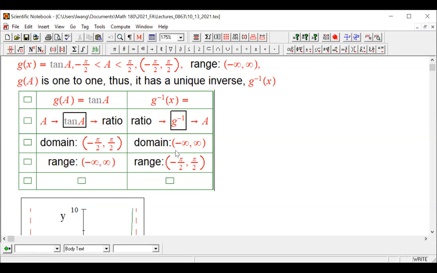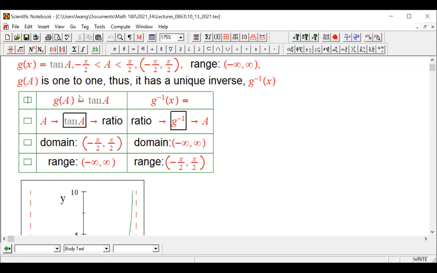Now the domain tells you the inverse function can take a ratio of any real number. It produces an angle between negative pi over 2 and pi over 2. Do you guys see that? This is the part that's a little bit difficult for people to understand. That's why we're going to go through the process.